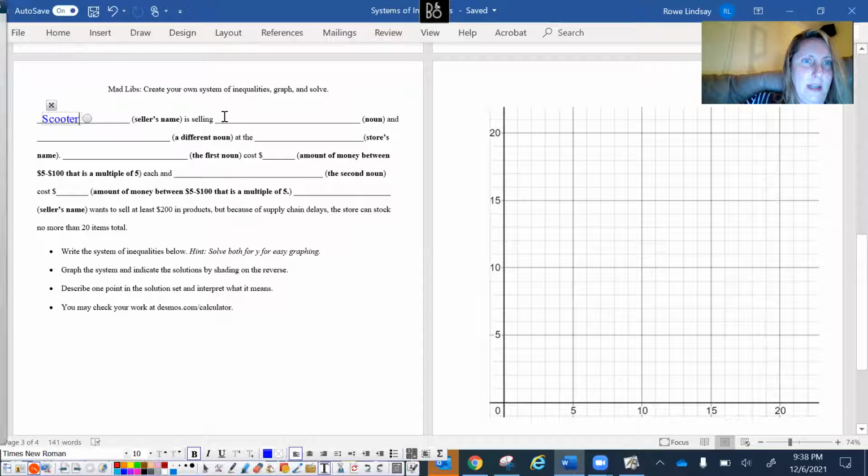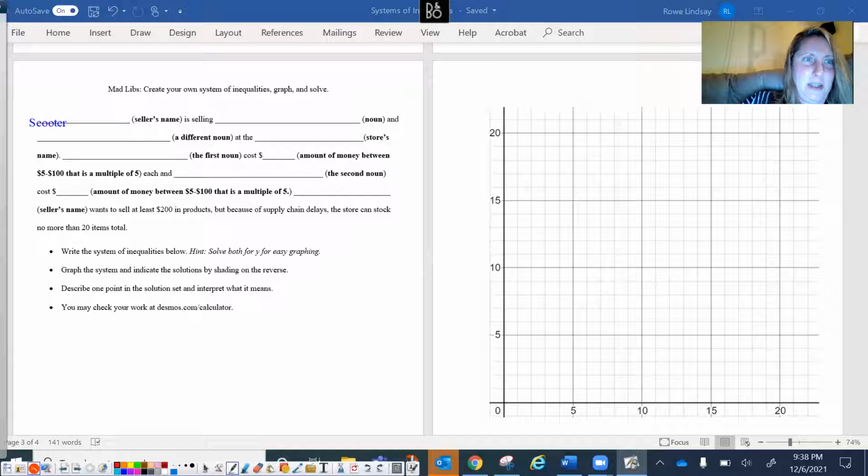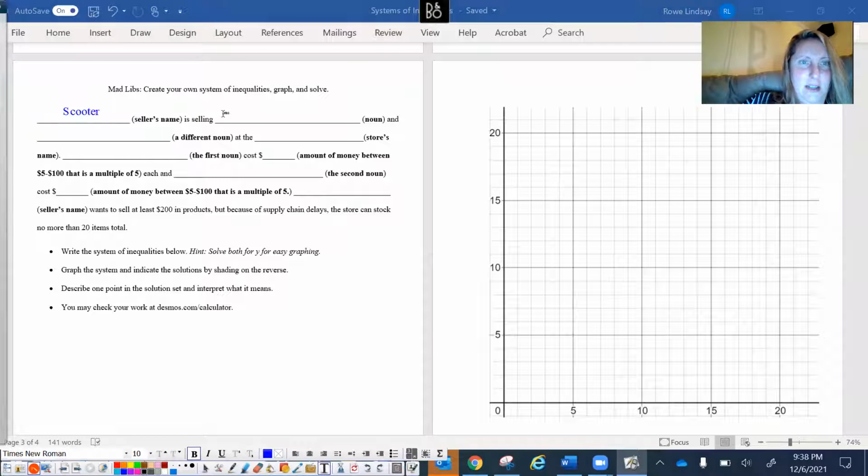How about that? Okay, Scooter is selling. I think it'll just be easier if I write in the pen, kiddos. Scooter is selling t-shirts, right? Move Scooter's name there. And he's selling t-shirts.